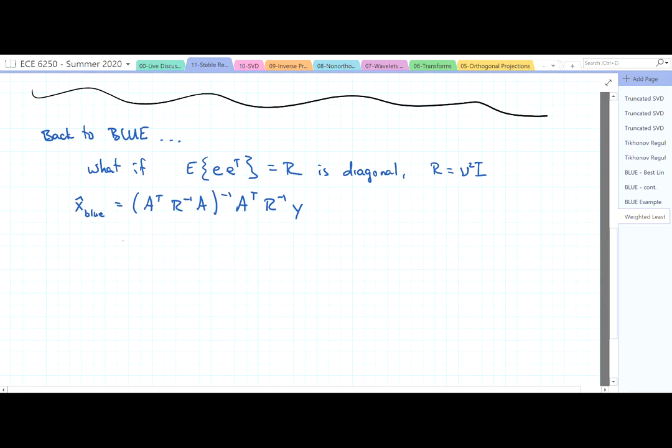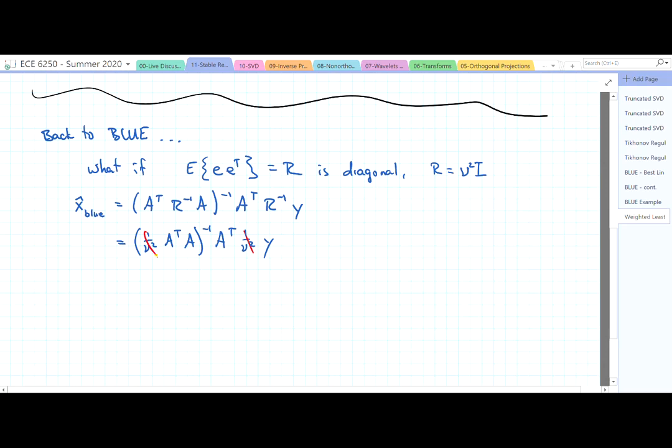So in this case, we get (Aᵀ, let's say 1 over nu squared, A) inverse times Aᵀ 1 over nu squared times y.